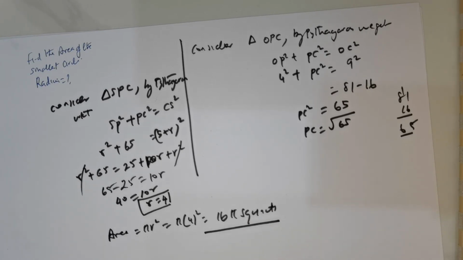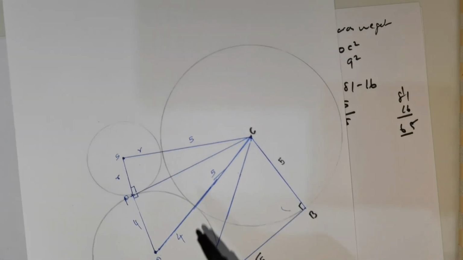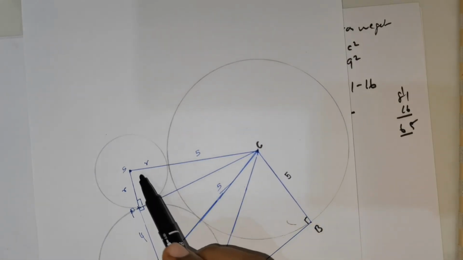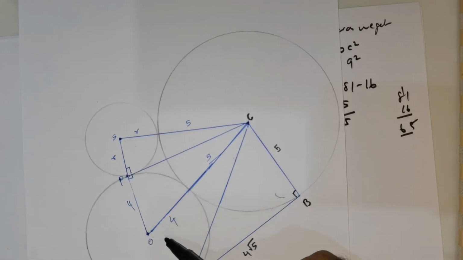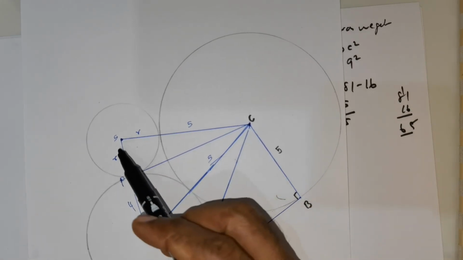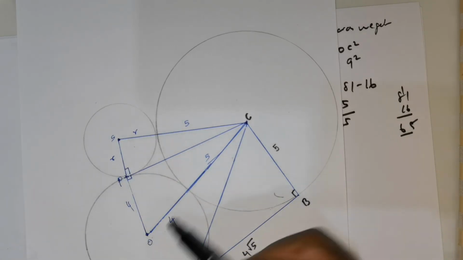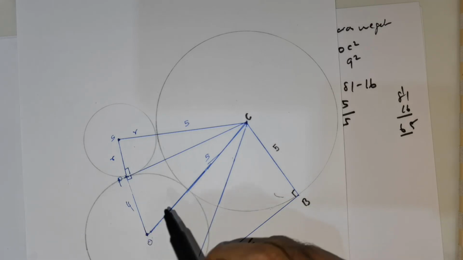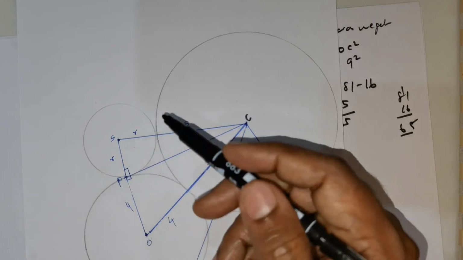So this is a nice question. Apparently, if you watch the figure, this is 5 units, this is 4 units, so the entire side is 9 units. The figure shows a smaller circle than these two circles. Apparently we find the radius to be equal to 4 units.